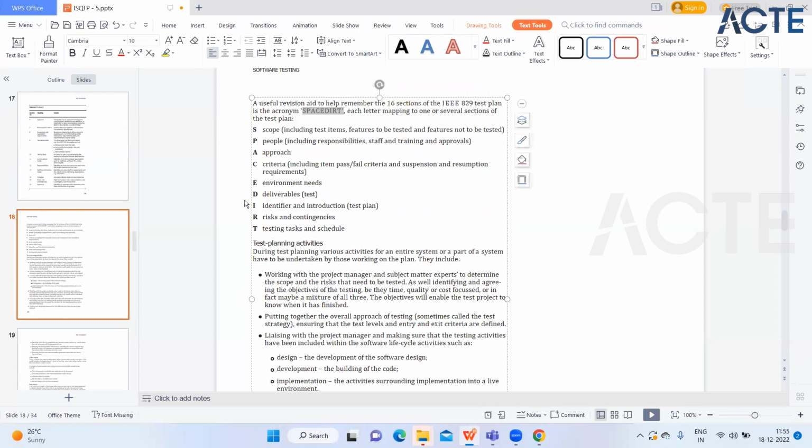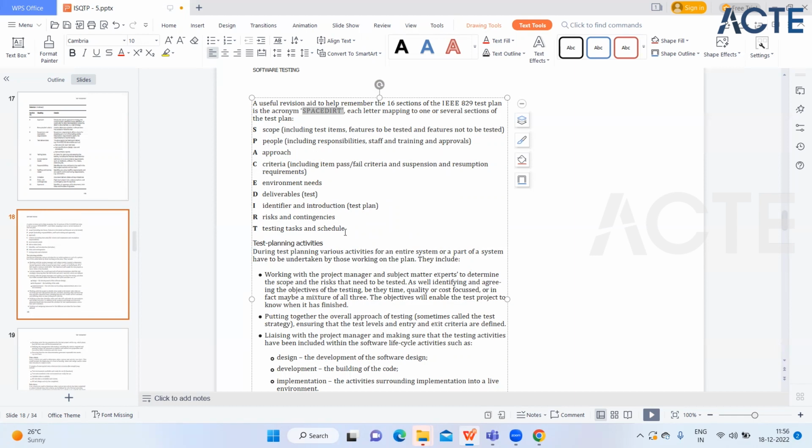So it is scope, people, approach, criteria, environment needs, deliverable, templates, identifier, risk and contingency, test task and schedule: SPACE DIRT. In terms of that, you can just read the names. They have just provided a useful revision aid so that you can revise with this SPACE DIRT.